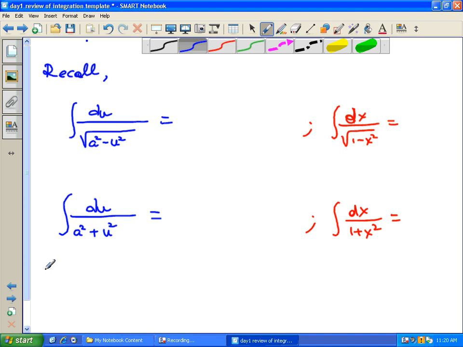Doing this one first, the integral of dx over the square root of 1 minus x squared. Does anybody recall what this one was? This one was sine inverse of x plus c. And how about this one on the bottom, the integral of dx over 1 plus x squared? If you said tangent inverse of x, you were correct.